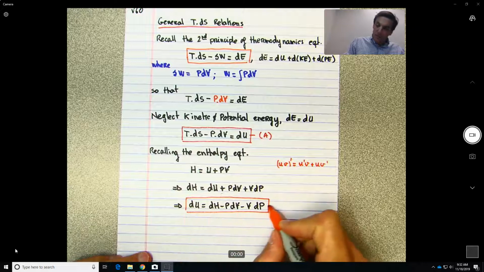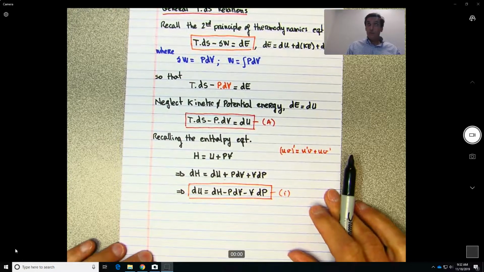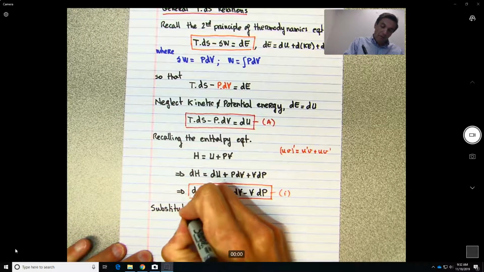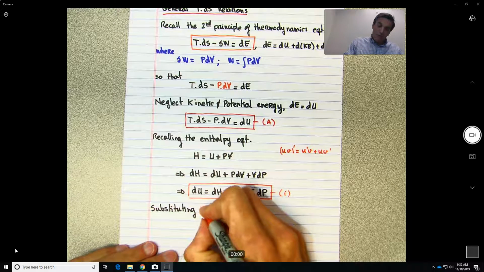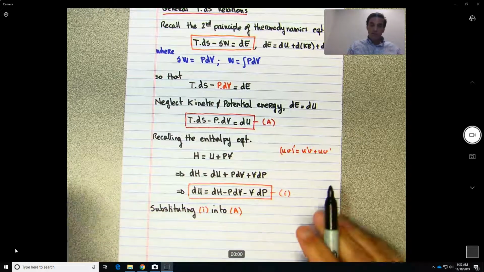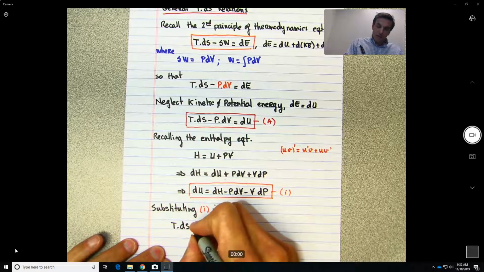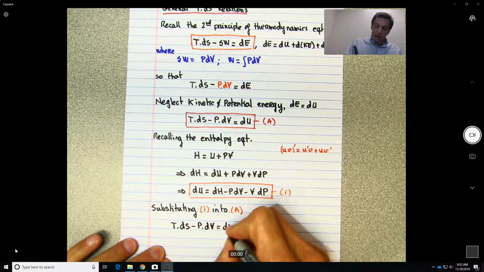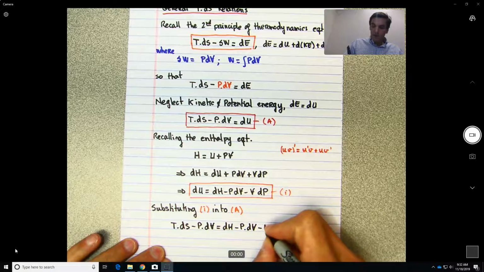So now we substitute this Roman 1 into equation A. This should give us the second T dS relation: T dS minus P dV equal to what? dH minus P dV minus V dP.